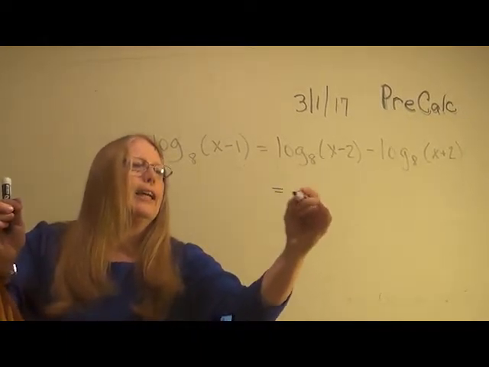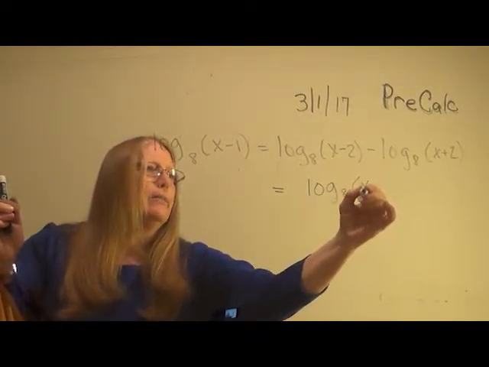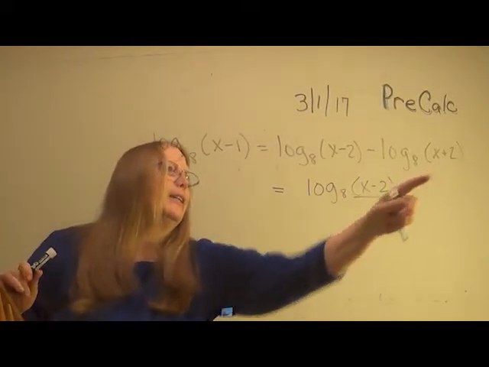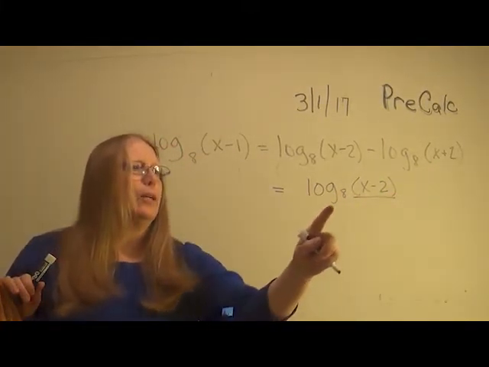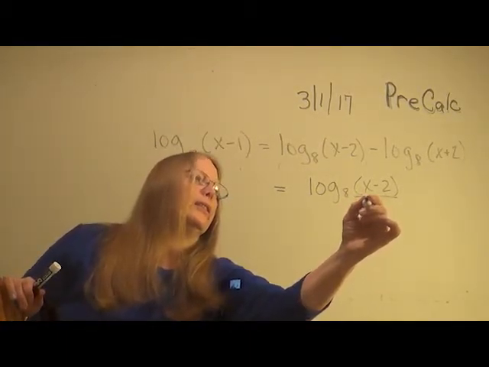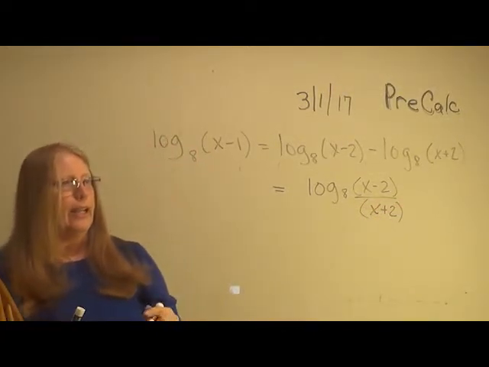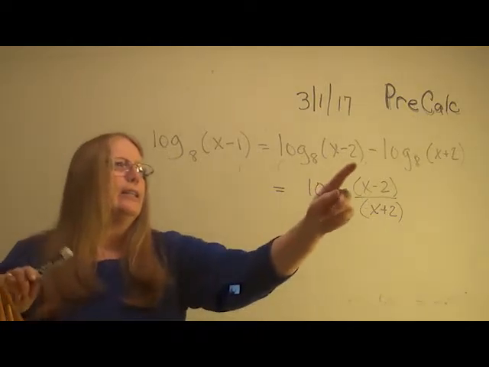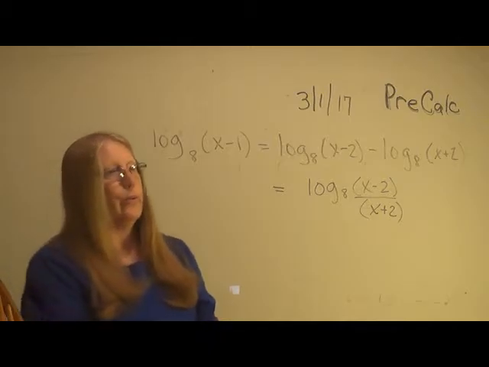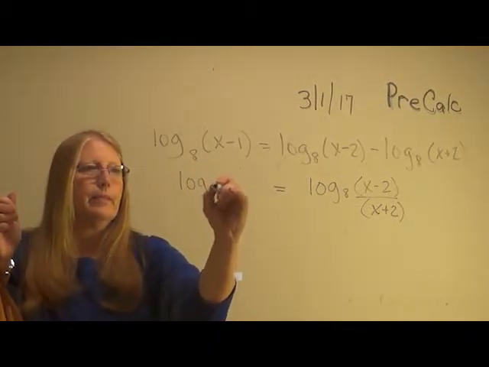Over here, I can take the log to the base 8 of x minus 2 minus log to the base 8 of x plus 2 and make 1 logarithm out of it using log rules, because logs rule. So I can create one logarithm when I take the arguments and divide those. So keep your log rules in mind. This over here is the same.